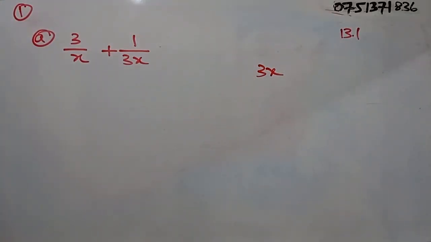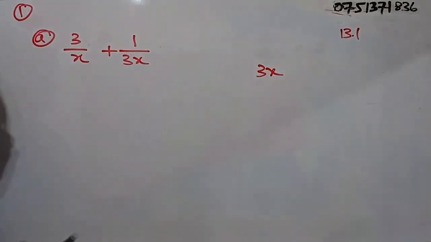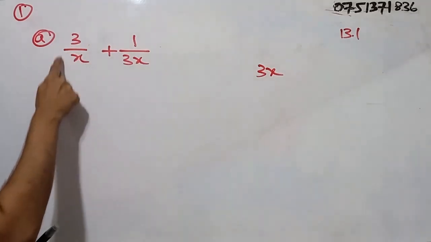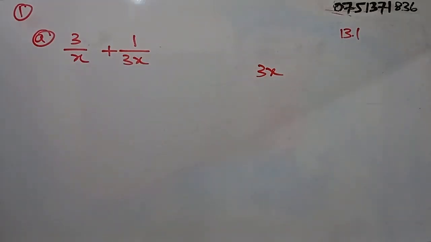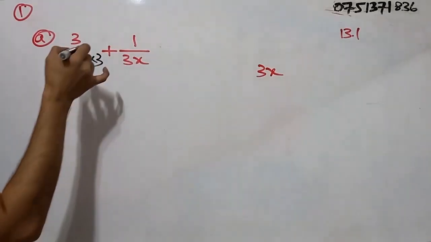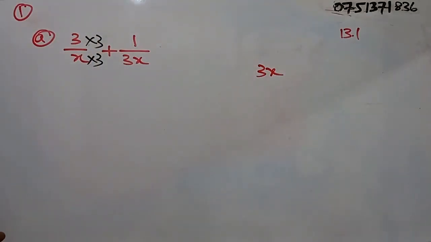Right. So what do we need to do? Since the least common denominator is 3x, we have to convert this denominator, which is an x, into a 3x. So what do we have to do? We need to multiply that by 3. Since we are multiplying that by 3, we have to multiply the numerator by 3 as well.